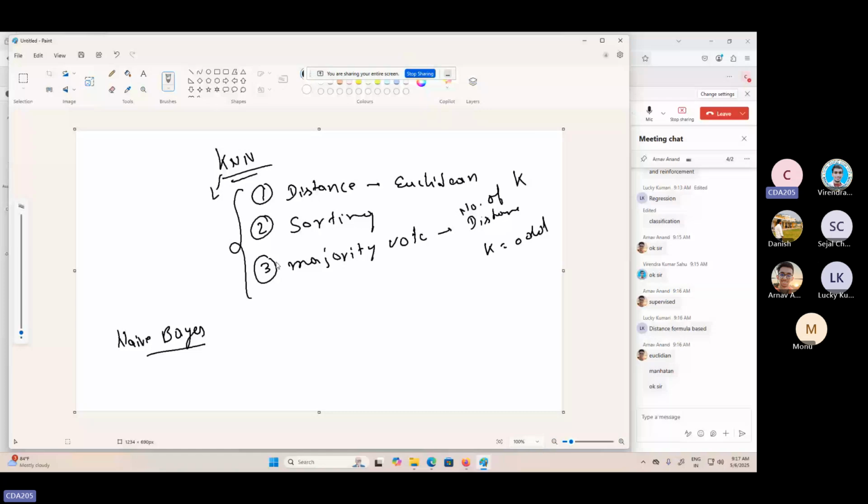It is mainly used for classification. Why is it called naive? Can anyone tell? Because it assumes all features are independent of each other.